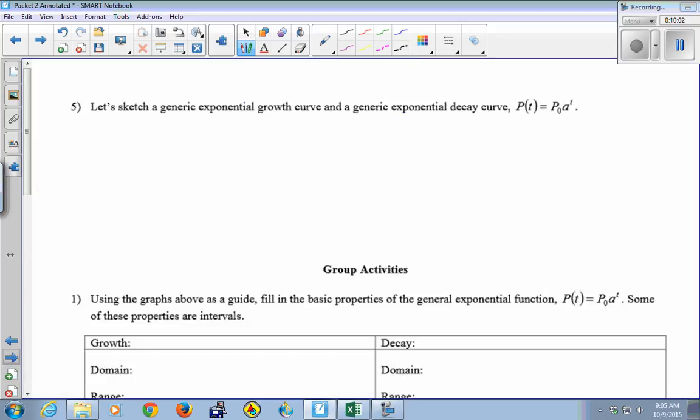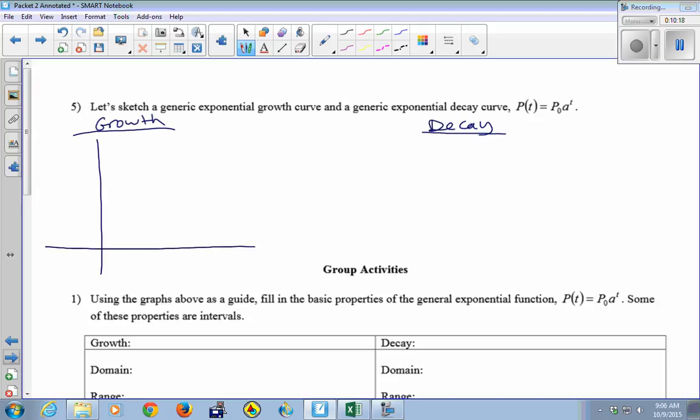Okay, so we're going to sketch some generic exponential growth and decay curves, P naught times a to the t. So let's see, we'll do growth and decay. Okay, who remembers what an exponential growth curve looks like? Yep.